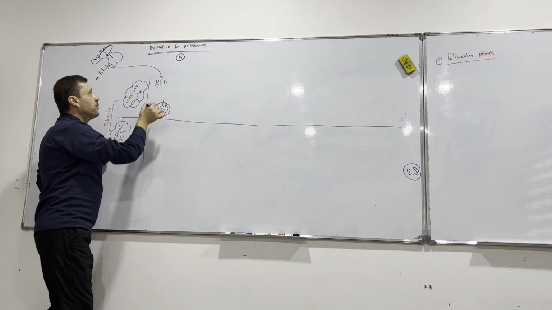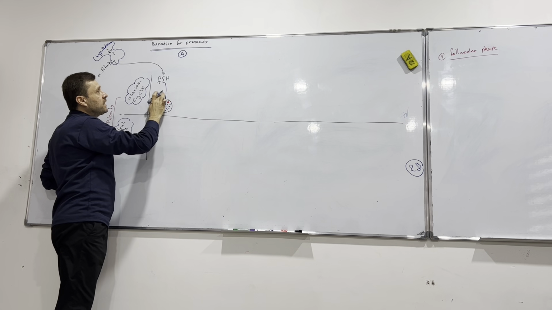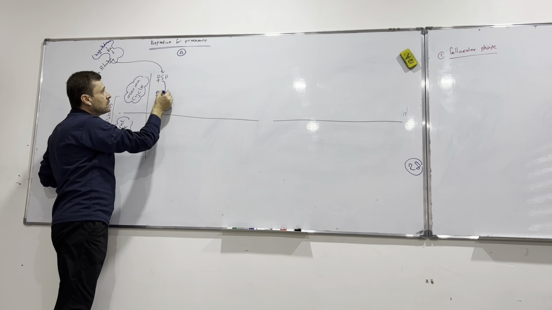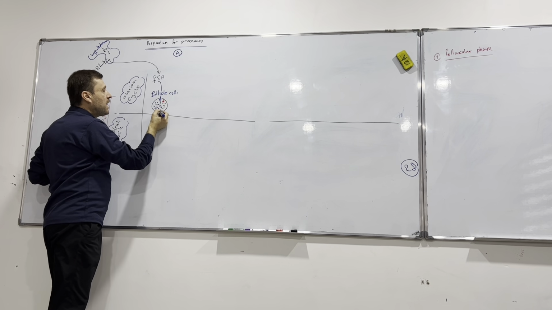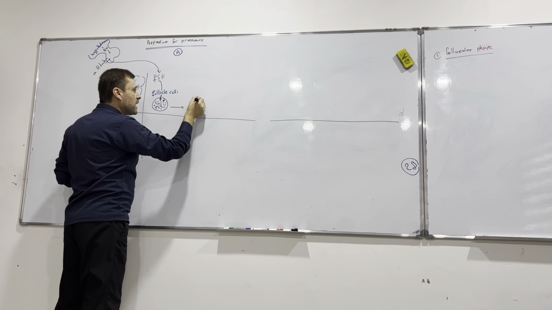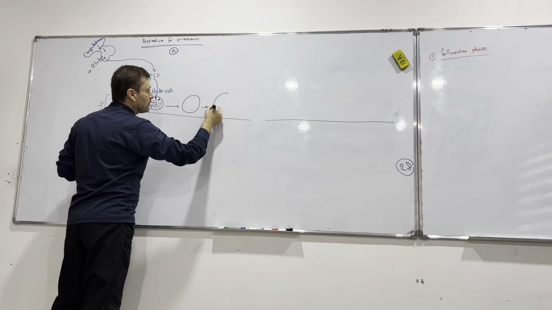Follicle stimulating hormone stimulates the cells within the follicle, which are follicle cells, to divide. After the follicle cells divide, the follicle sac becomes larger and larger.